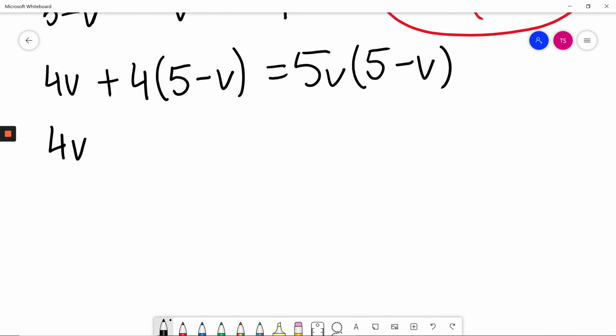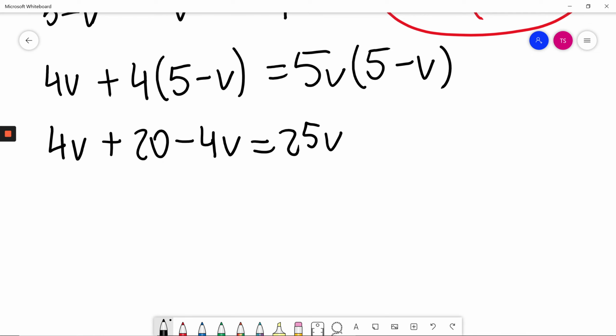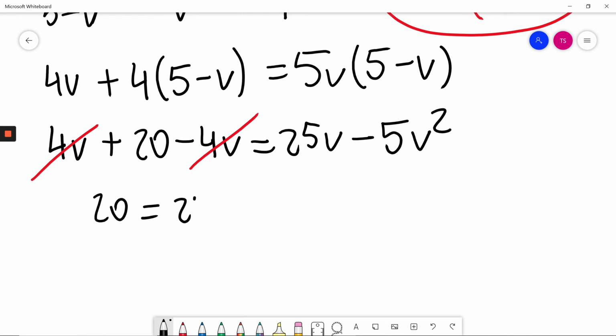So 4v plus 4 times 5 is 20 minus 4v, this will be equal to 25v minus 5v squared. 4v minus 4v, this is 0, so I have 20 equal to 25v minus 5v squared.